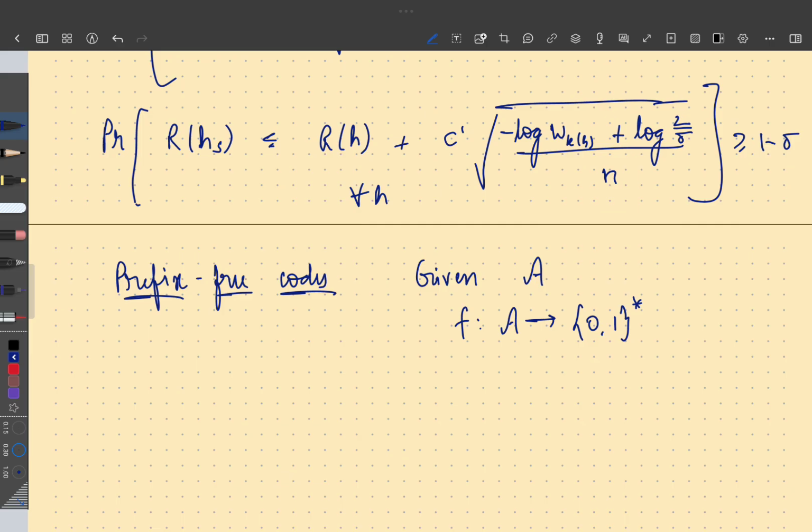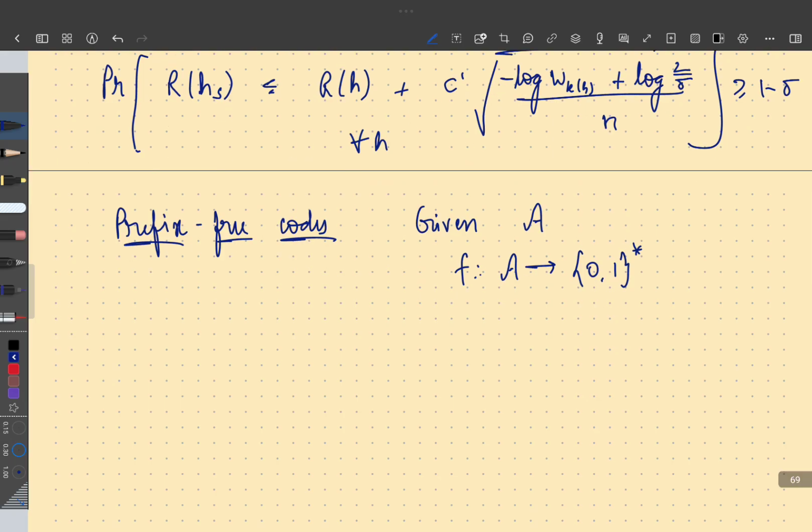So F takes some symbol from A as input and outputs a binary string of some length. The length of this string may not be the same for all symbols. It could be different.